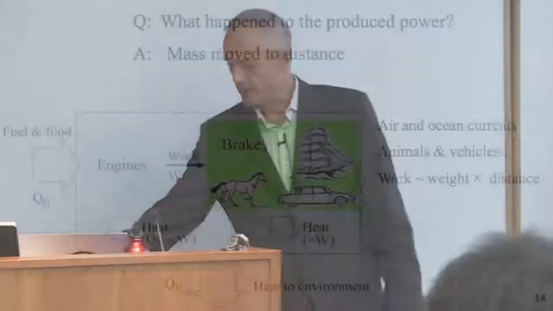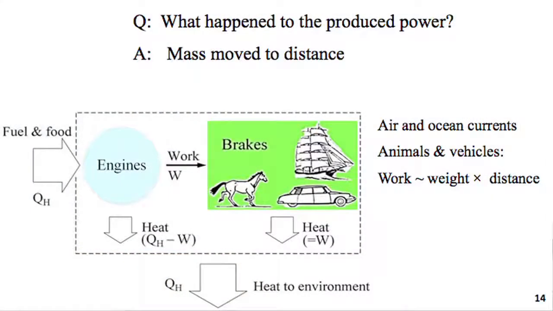The question that was not asked until we showed up is what happens to the produced work, or per unit time power. Well, here's the blue human and machine species. Here's the work that came from the fuel. This work is destroyed immediately for the purpose of moving something.